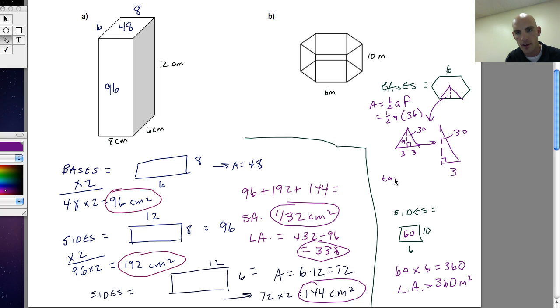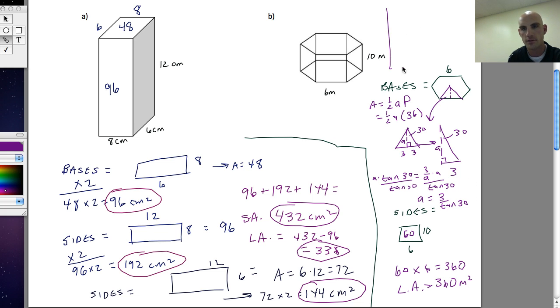And so the tangent of 30, this is A over here, is equal to opposite 3 over A. So my apothem is multiplied by A, divide by tangent 30. A equals 3 divided by tangent 30.